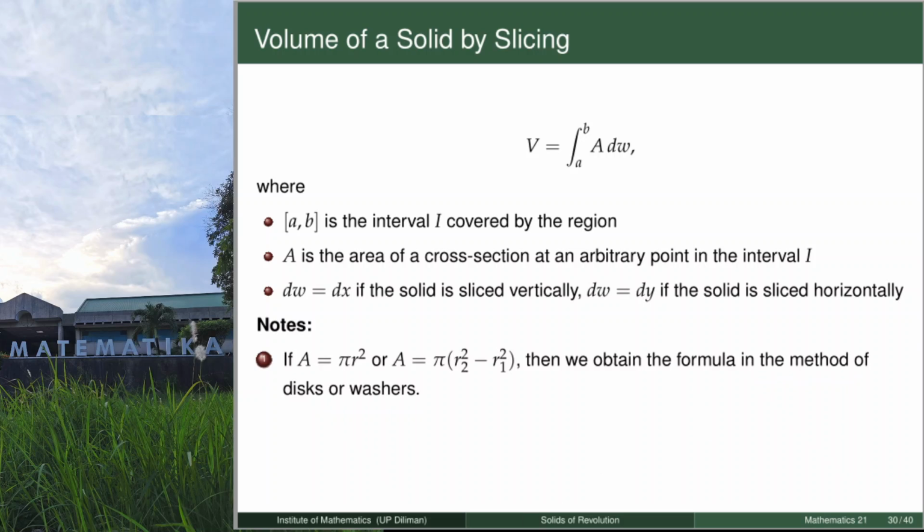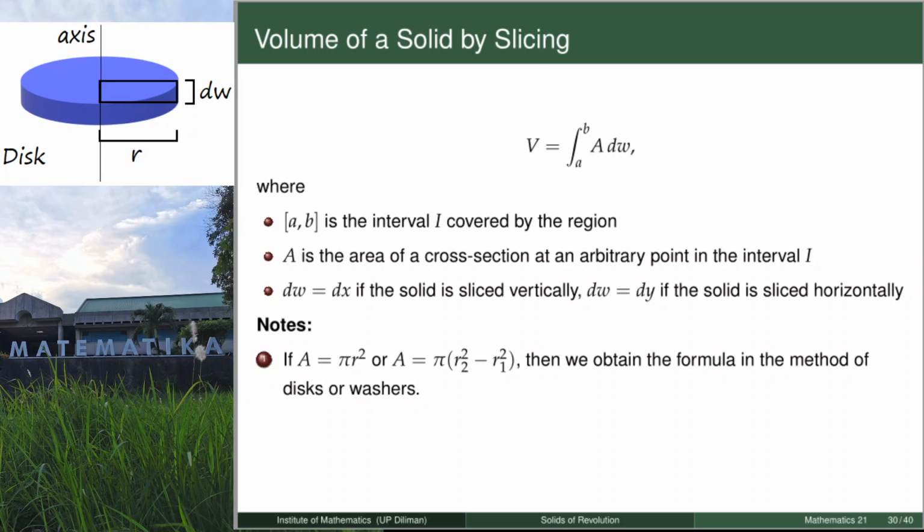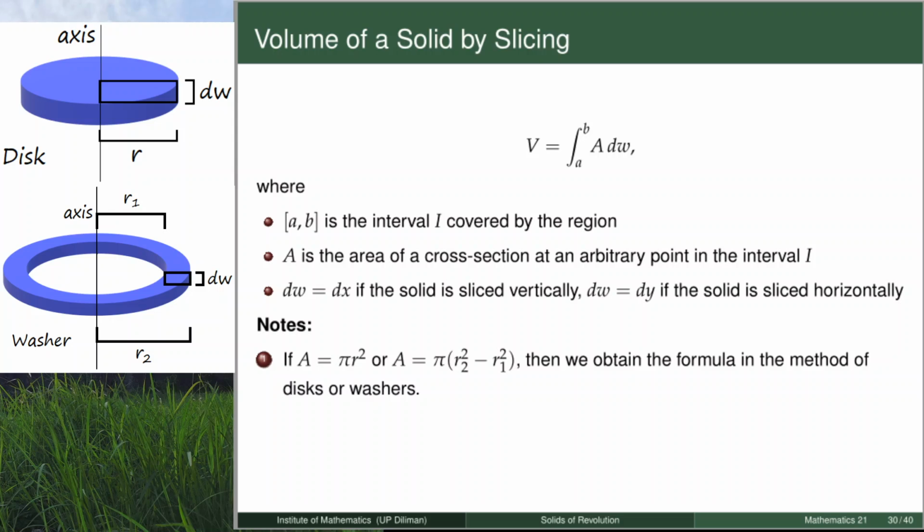Here are some notes. If A equals pi r squared, for example, then the cross-section will become a circle, and thus the cylinder we obtain is a disk. Thus, we will have the formula in the method of disks.